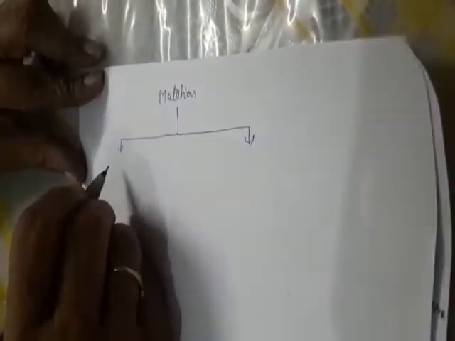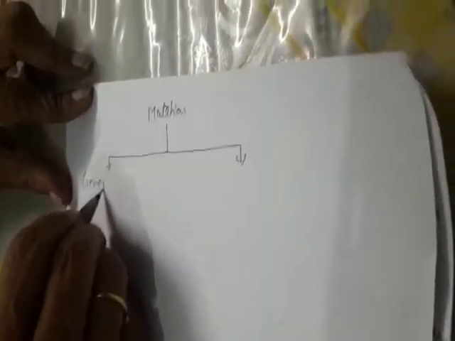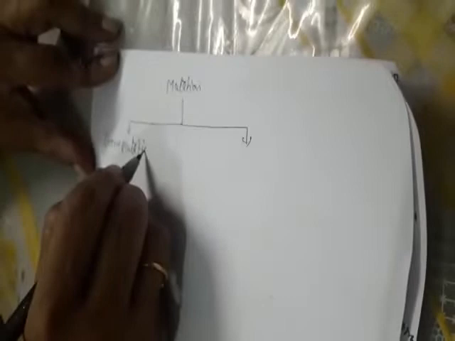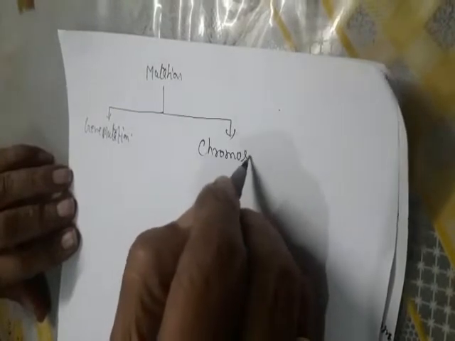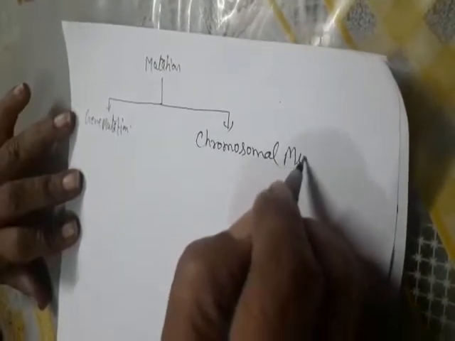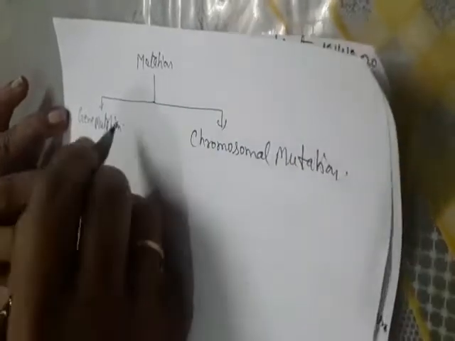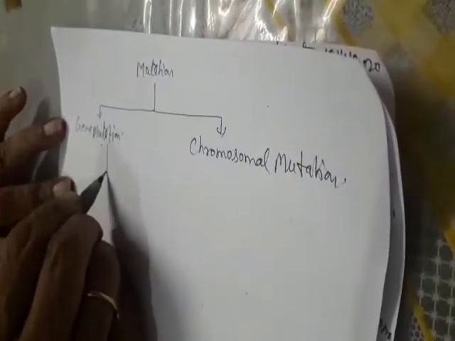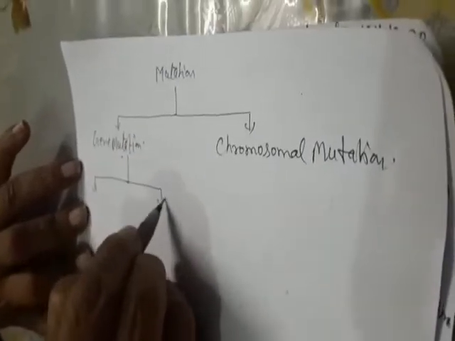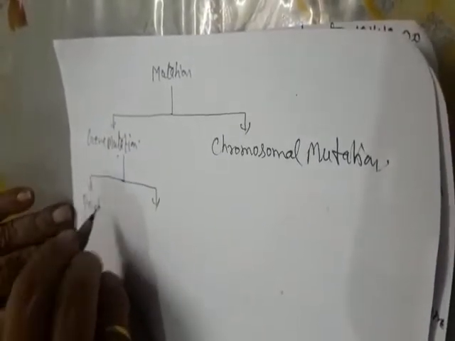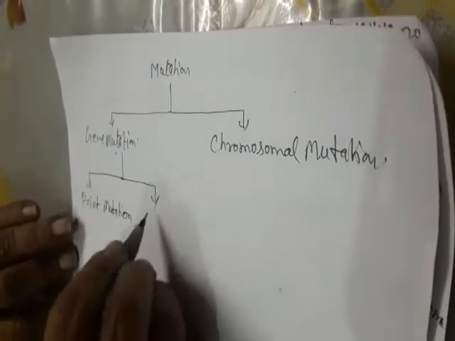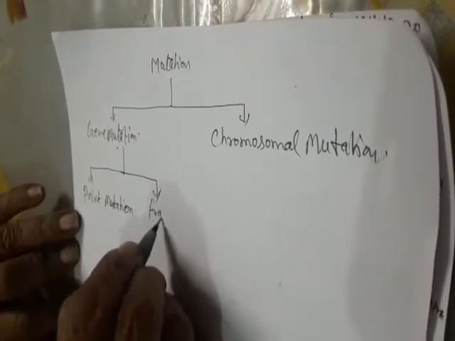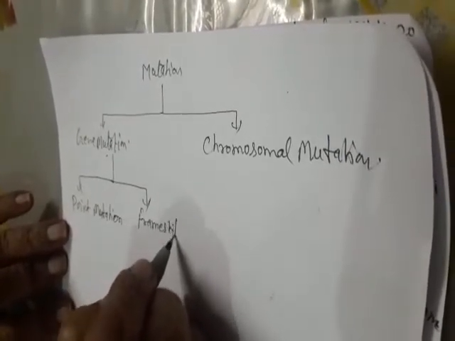Mutations are of two types: gene mutation and chromosomal mutation. Gene mutations are of two types: point mutation and frame shift mutation.